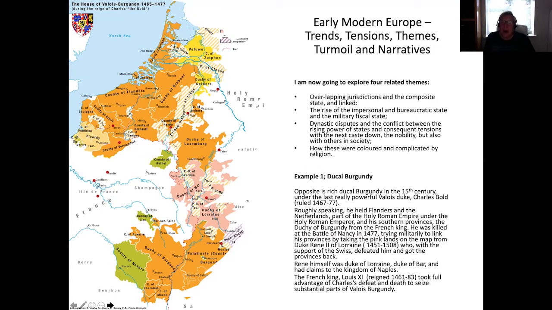All right. At the heart of this process was what you might call dynastic disputes and the conflict between the rising power of states and the consequent tensions within the next caste down, the nobility, but also with others in society.